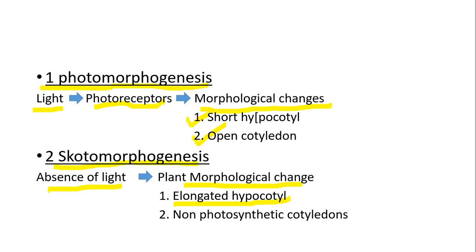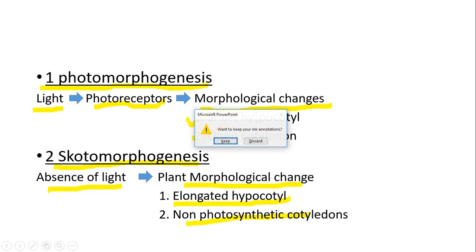For example, if we keep seeds in the dark, you will see that after germination the hypocotyl will be elongated because they are in search of light. So they have an elongated or etiolated hypocotyl, and their leaves are also not photosynthetic, not green. You will see light white colored cotyledons.